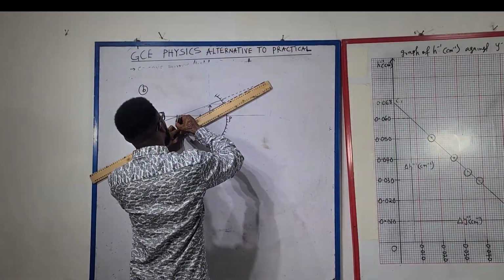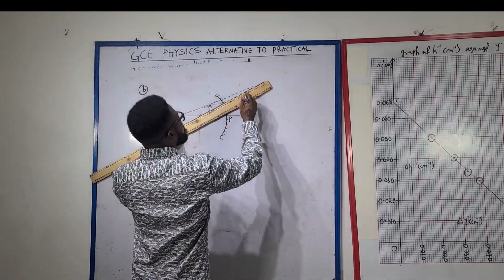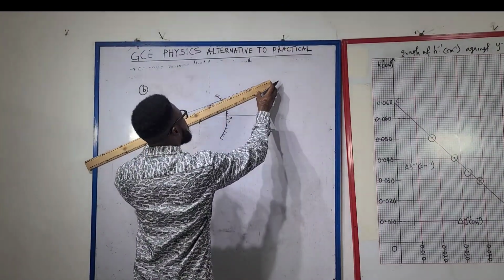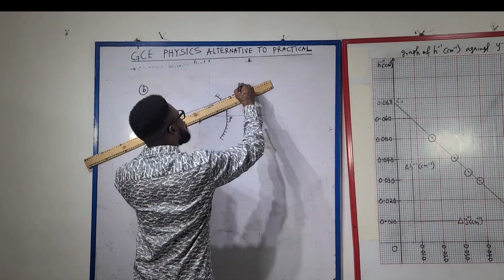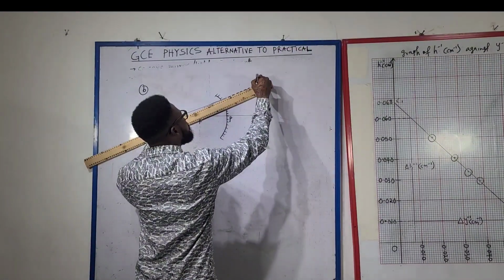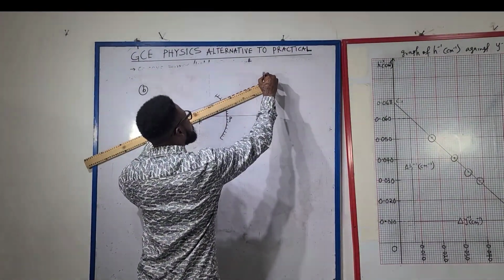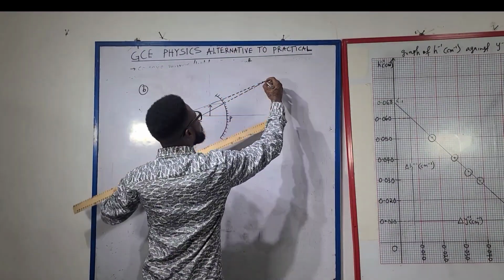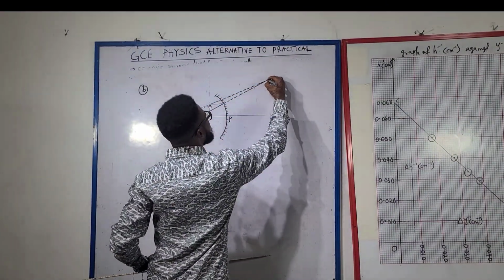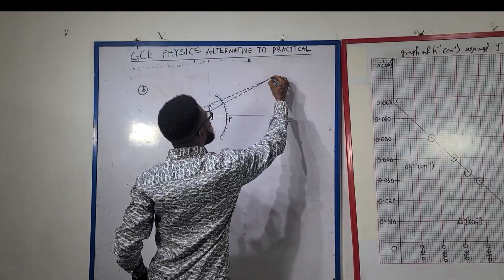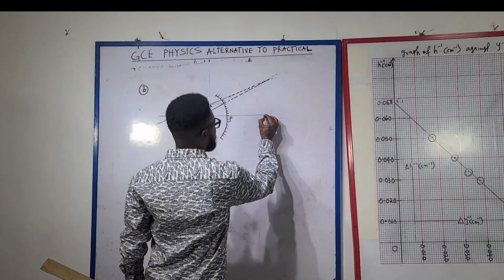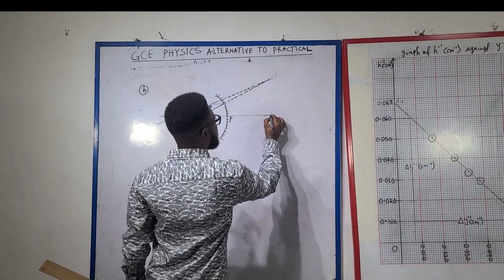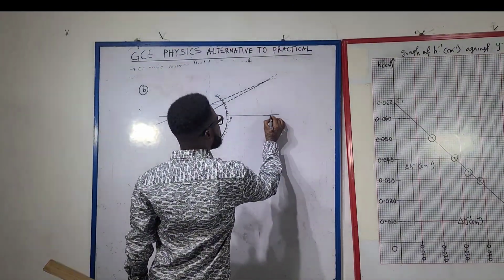Okay, and then this is the one I need to extend. Where they intercept, that is where my enlarged image forms.